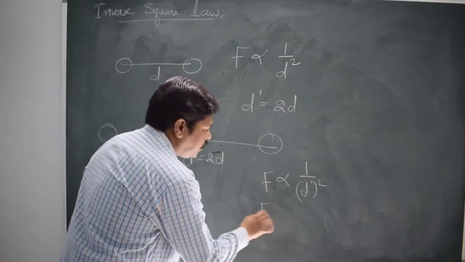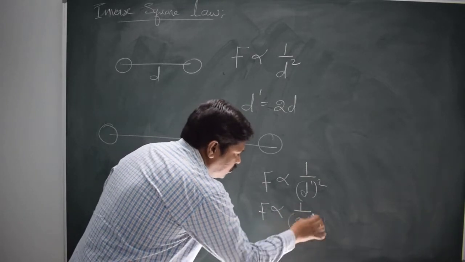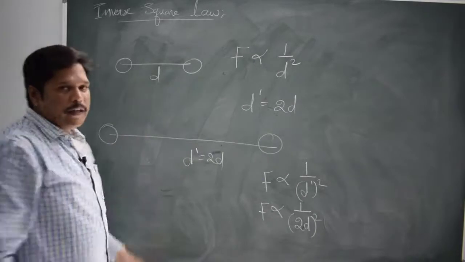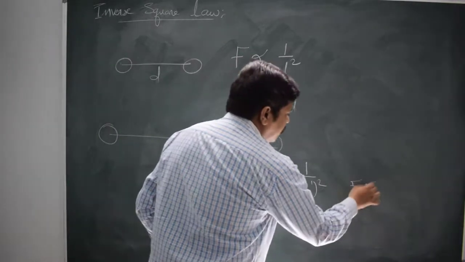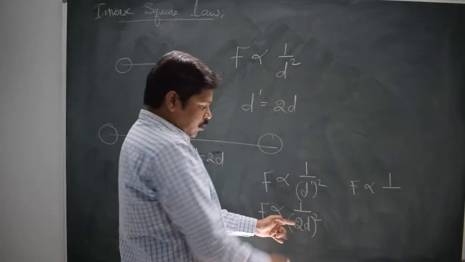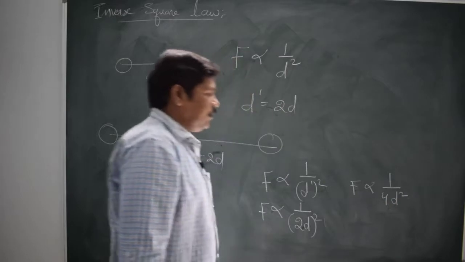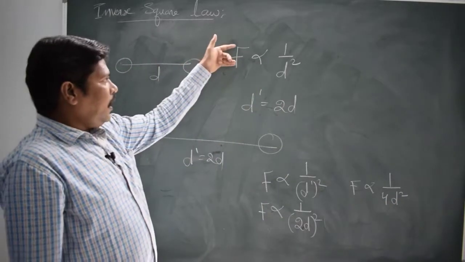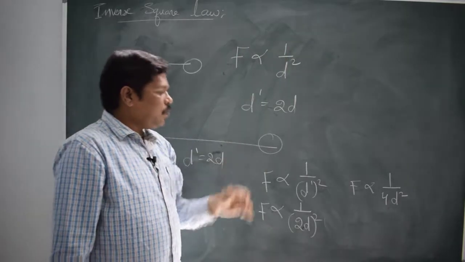So the new distance is twice the original distance between them. If we take the square of this, F is proportional to 1 by 2 square, which is 4, times d square.